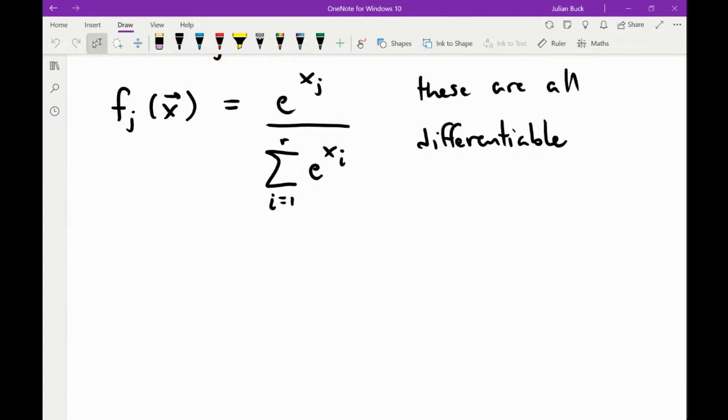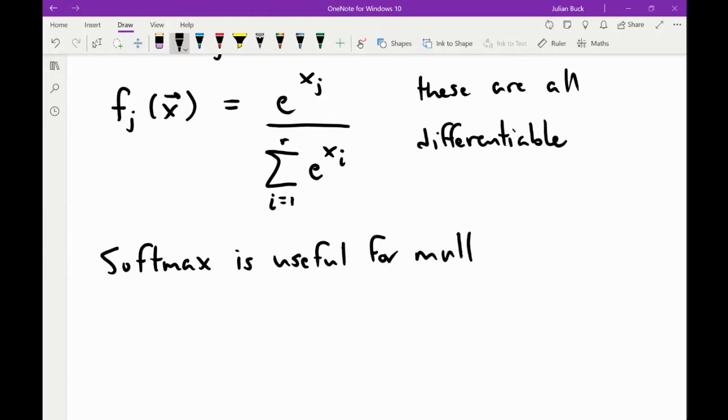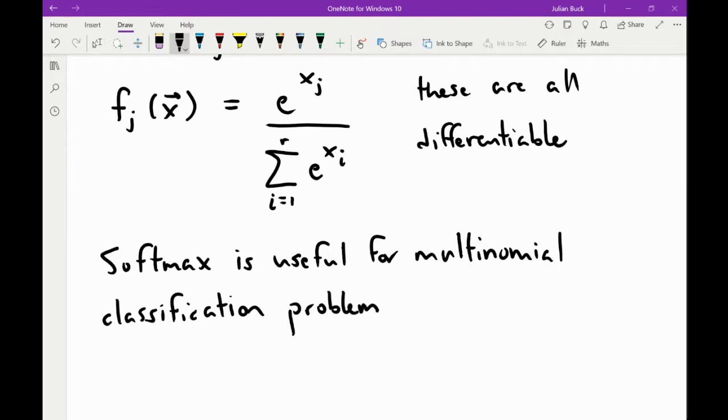And so I'll point this out. As mentioned, softmax is useful for multinomial classification problems. In particular, where what you're trying to output is a class probability, right?